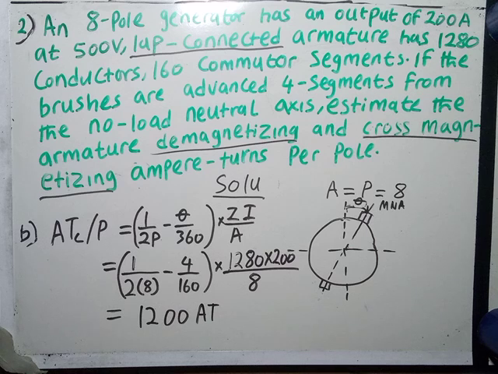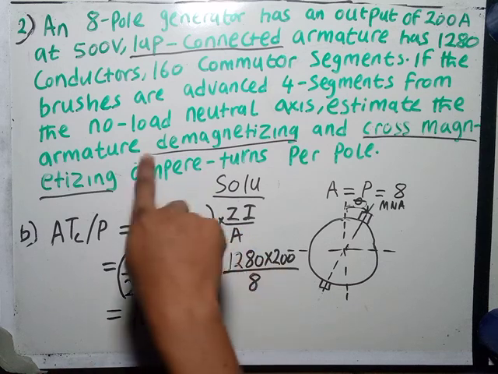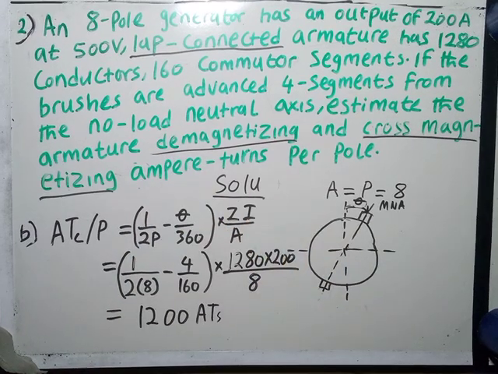And once again, we see that our ATC is larger than our ATD, which is our demagnetizing ampere turns per pole.